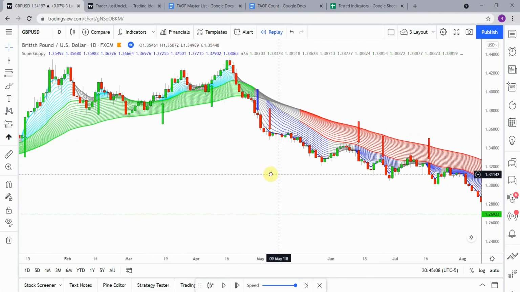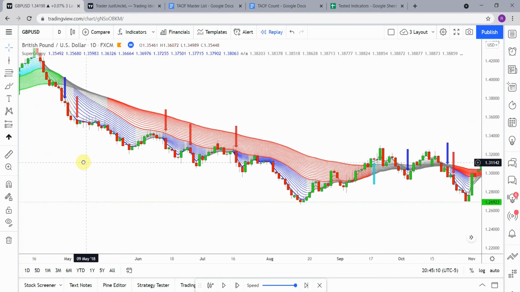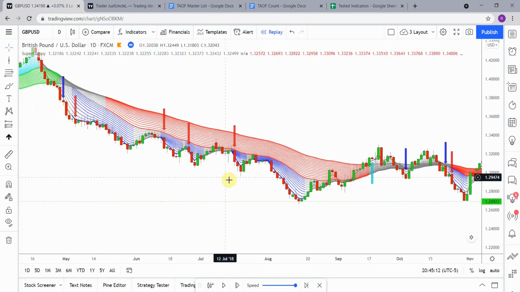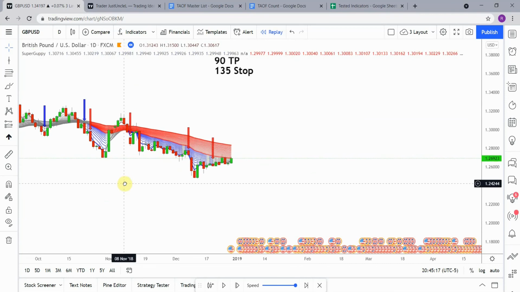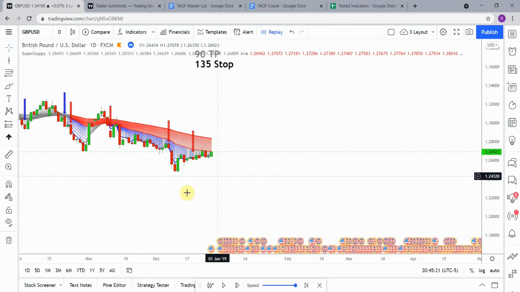What we are looking for is when we get a red arrow, we are going to go short. When we get a green arrow, we are going to go long. So not much to it other than that. Let's go ahead and get on with the testing and see what we can get out of this.